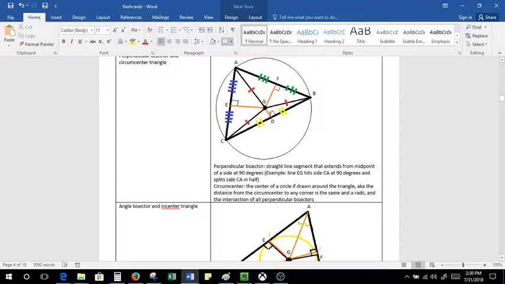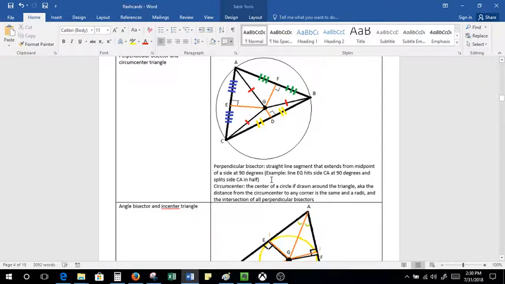So for example, line EG hits side CA at 90 degrees. So right here. This line right here hits this at 90 degrees. And we could extend this line out further.